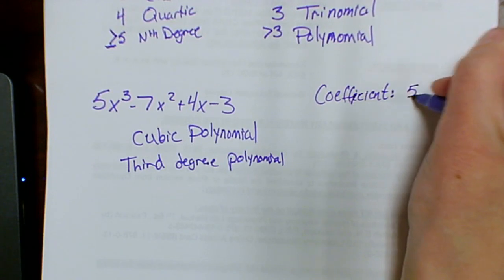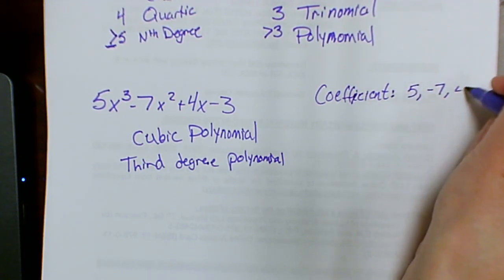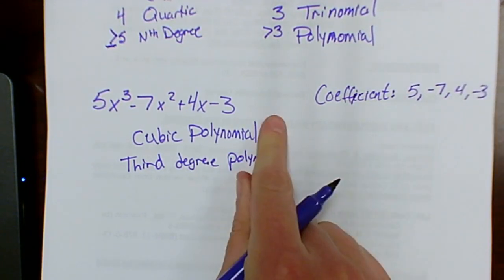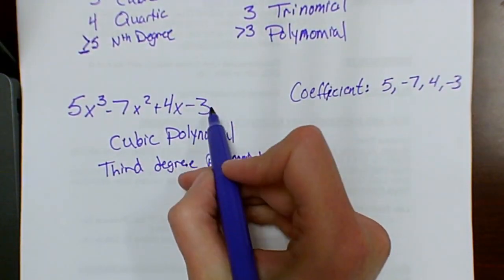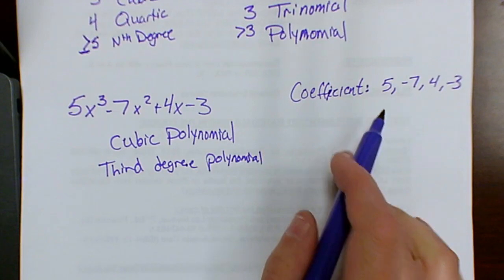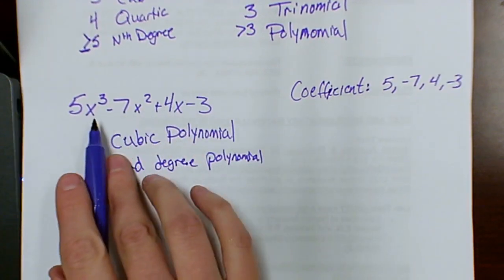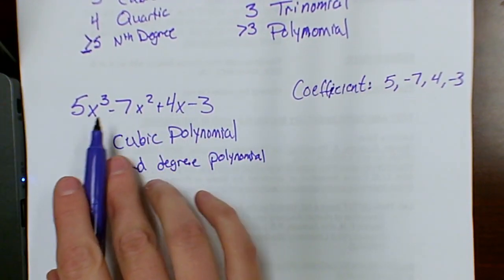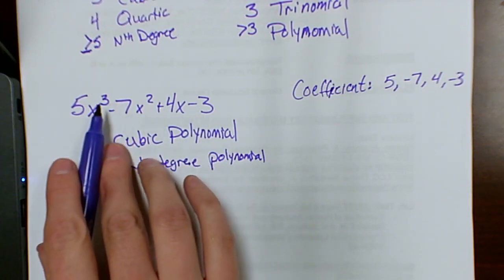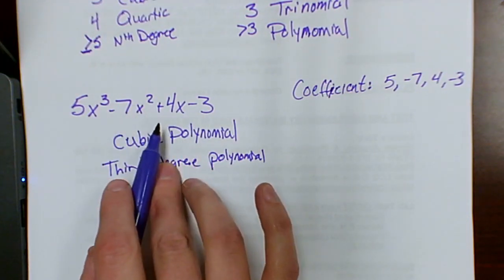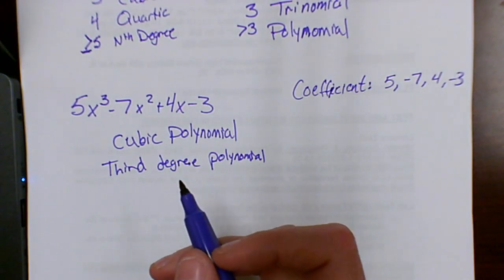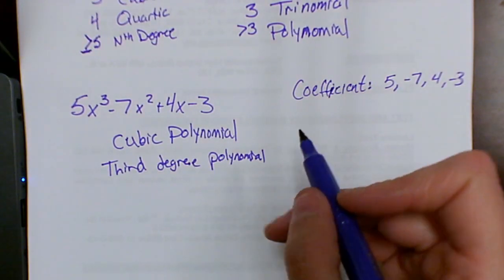So we have a 5, a -7, a 4, and a -3. The constant also is a coefficient because we can technically say this is x to the 0 power. Use the sign in front of the terms. When you're looking at the term individually, that sign in front goes with it. It's an identifier.